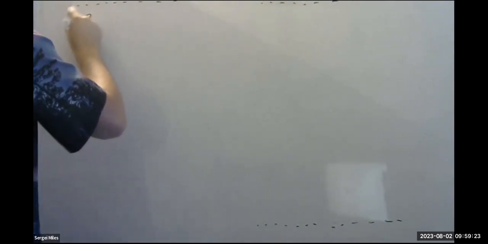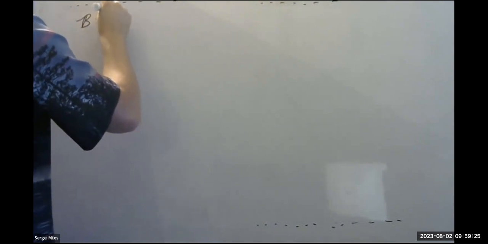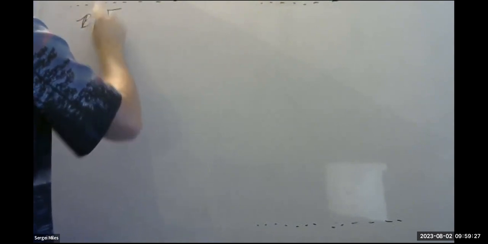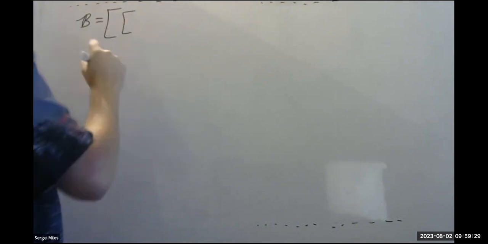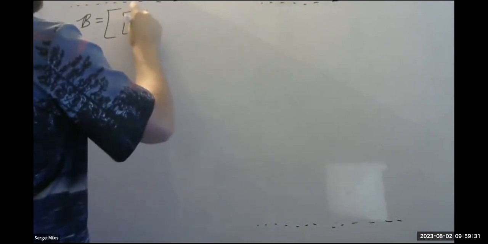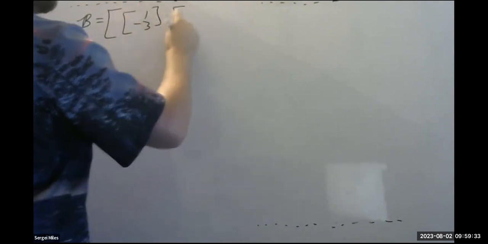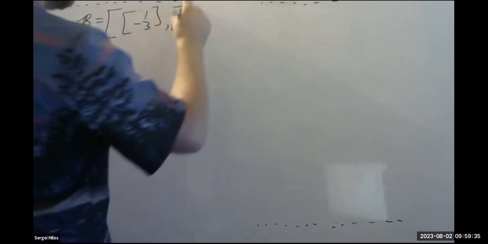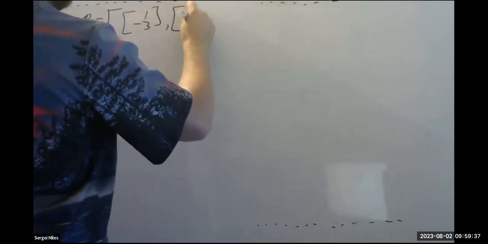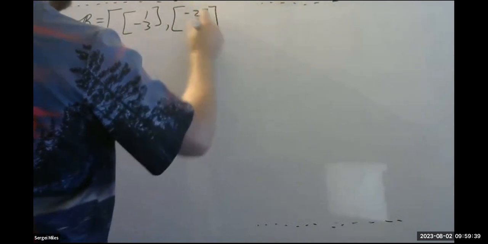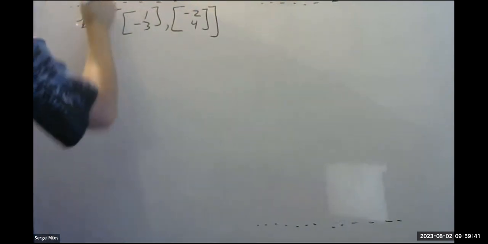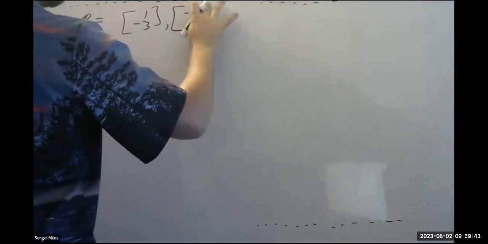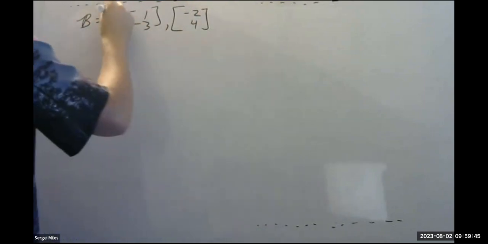All right. So let's suppose I give you a basis B, and I want to rewrite, or sorry, let me first write the basis. My basis is 1, -3, -2, 4. Oh, this is a set, sorry, not a matrix. I'm getting loopy.